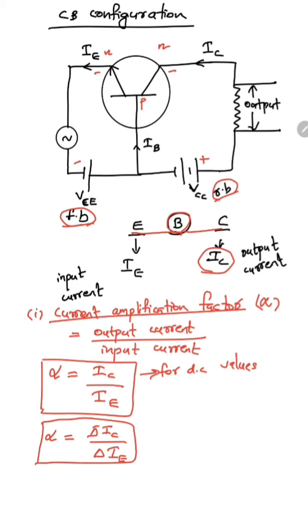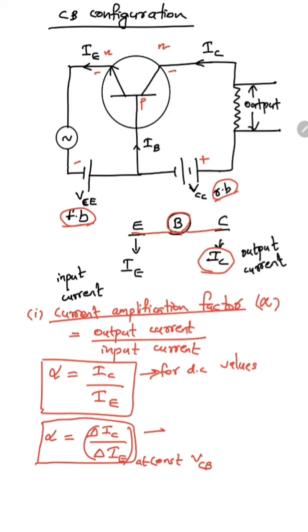Also, one condition is that it is at constant VCB. VCB is the collector base voltage. So alpha is defined as the ratio of change in collector current to the change in emitter current at constant collector base voltage, VCB.